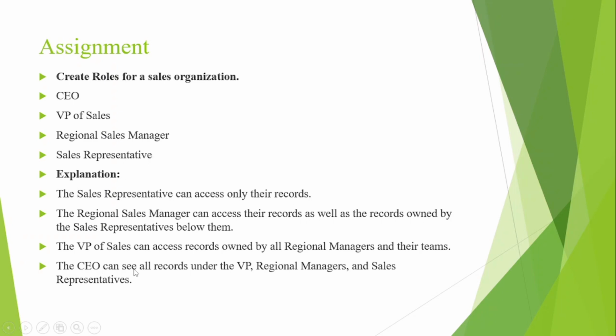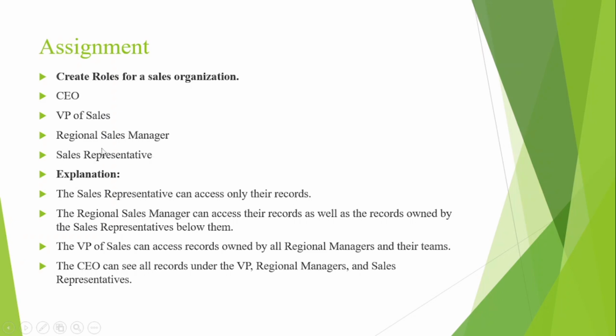The CEO can see all records under the VP, regional manager and sales representative. So this person can see all the records, while the sales representative gets the visibility of his own records only.